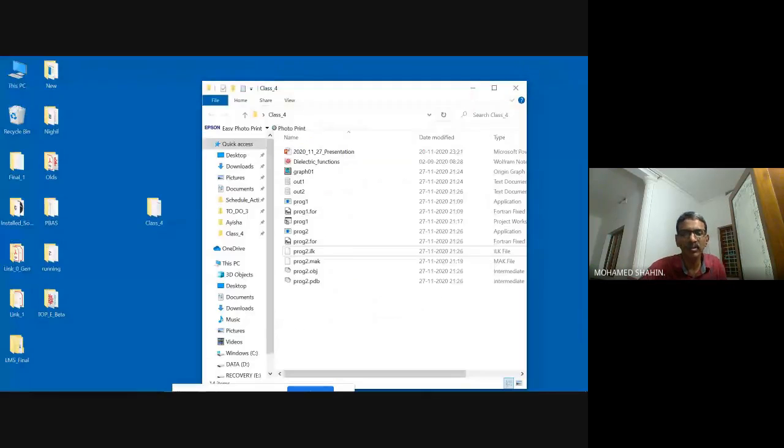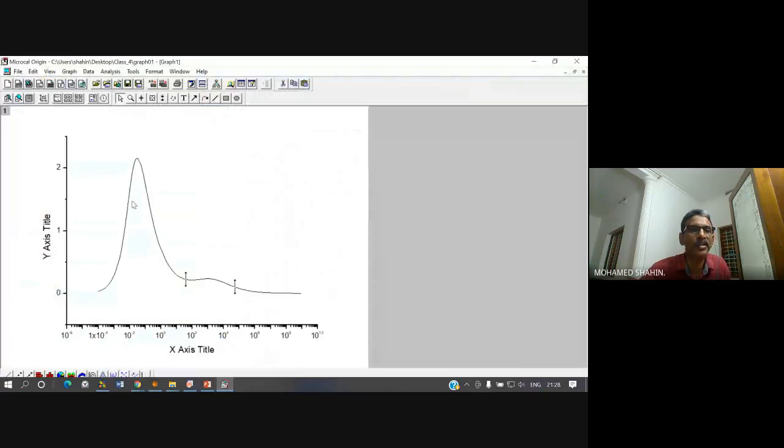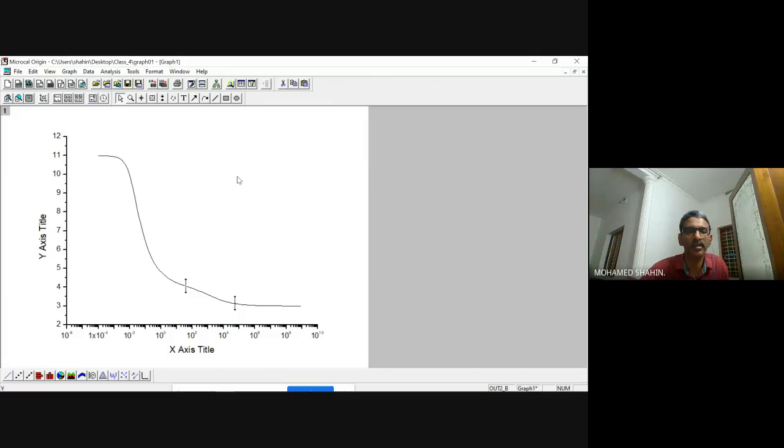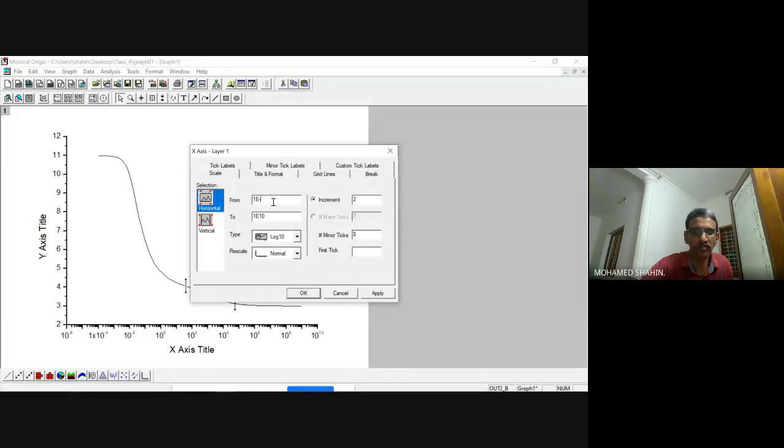Now we want to see what is happening to the real part. So real part is in B, so I put it like this. 10 raised to minus 4 to 10 raised to 8 or 9.